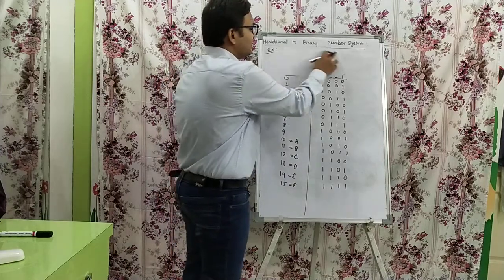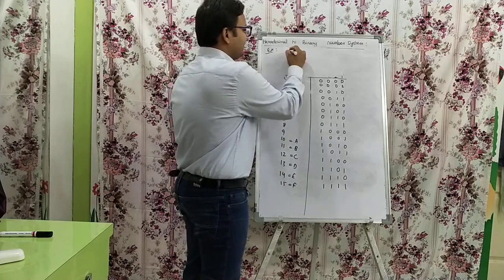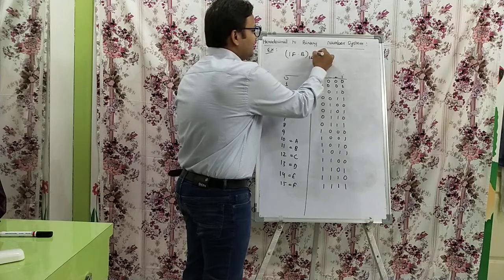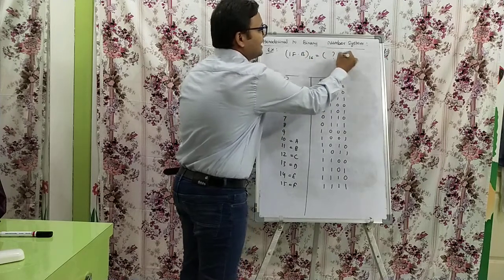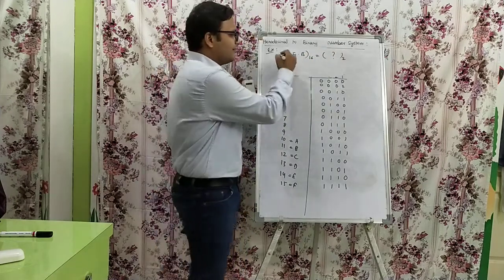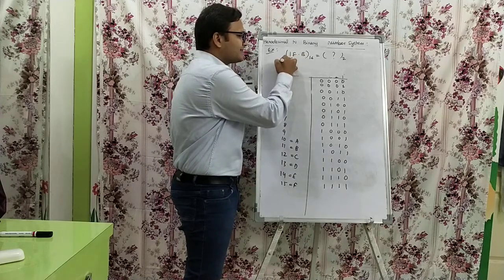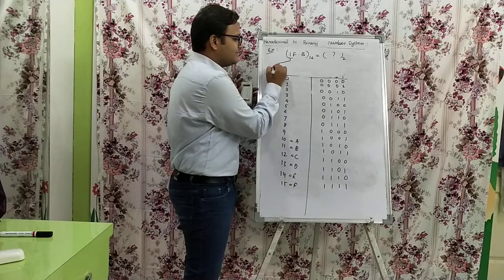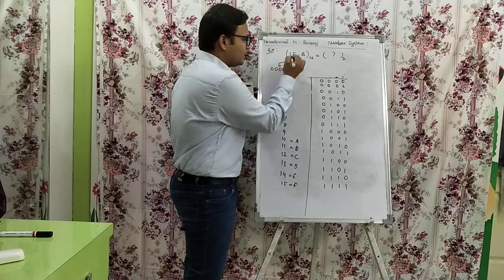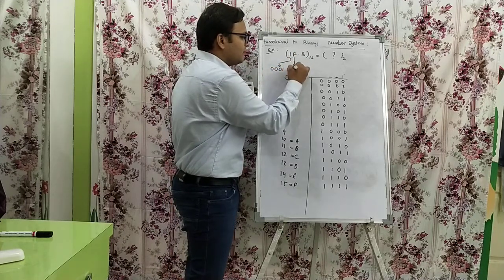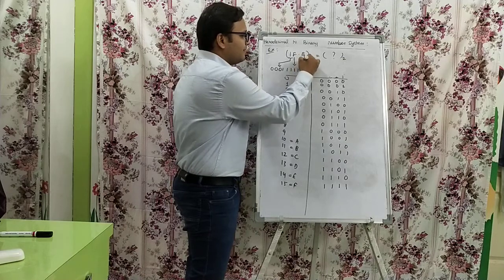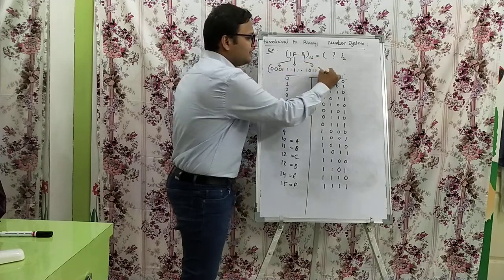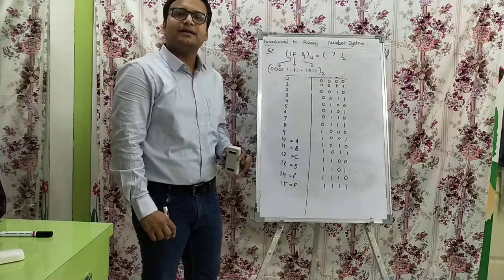Next example, let's say 1F.B hexadecimal into binary number. Again you have to represent each hexadecimal digit as 4 equivalent binary bits. 1 is 0001. F is 1111. Dot, B is 1011. This is the equivalent binary number.